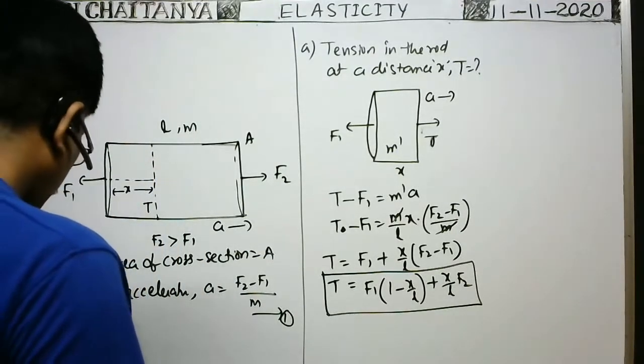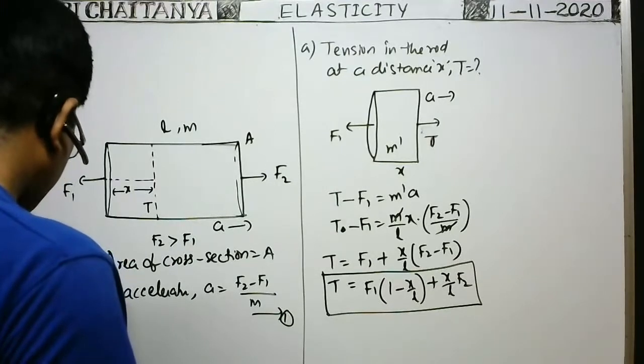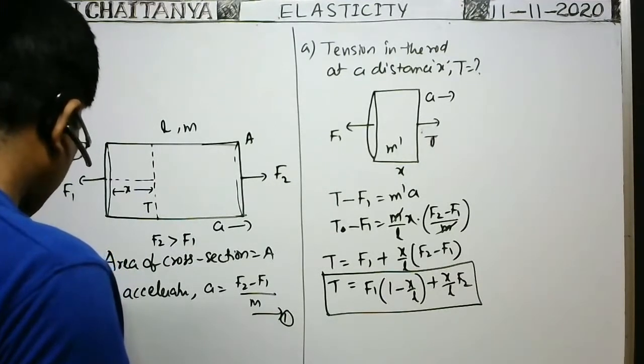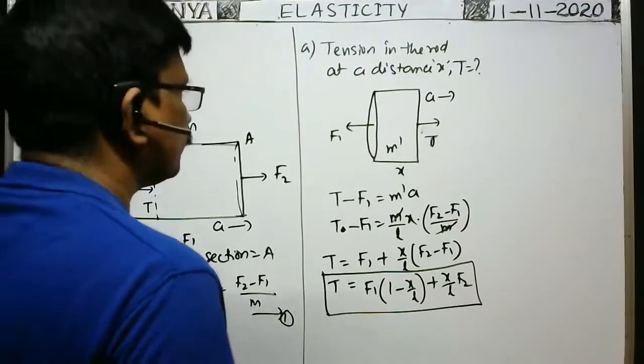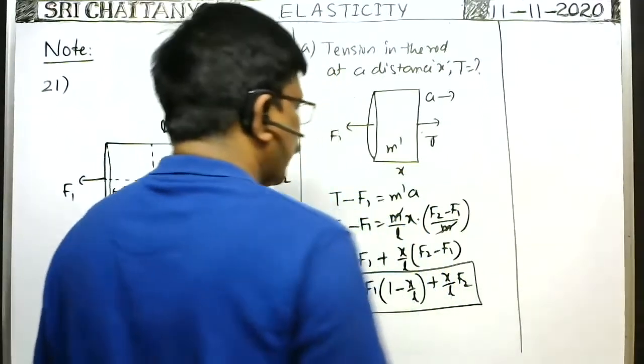Next question is, longitudinal stress at the given cross section PQ, if the cross section of the rod is A0 and the tension is T. Okay, you note this one.